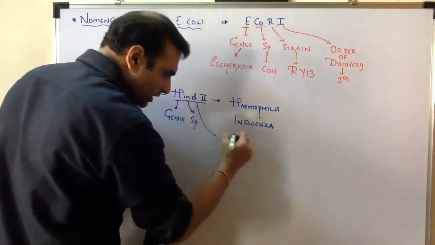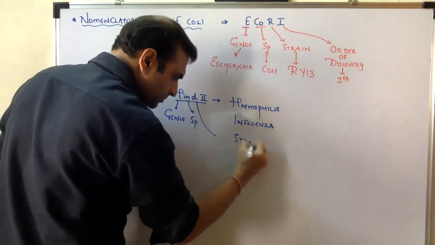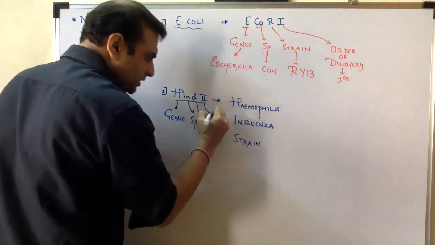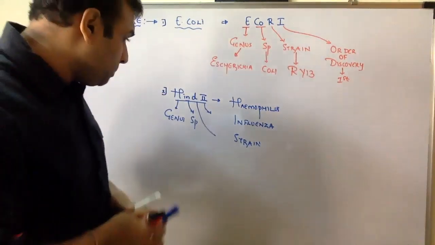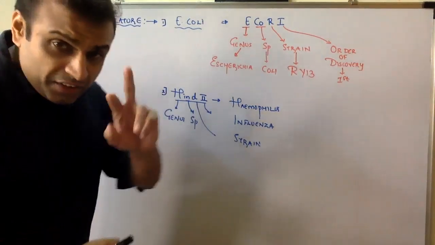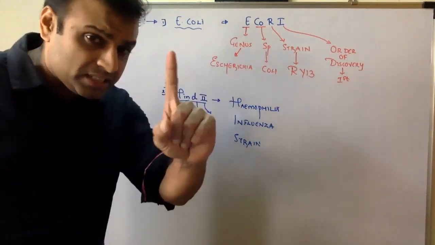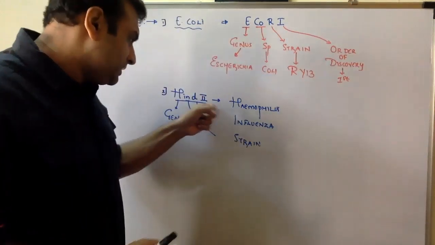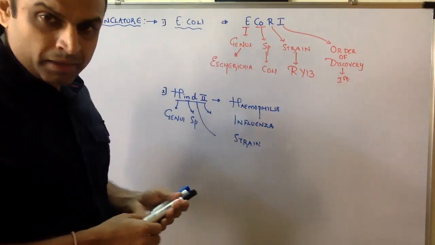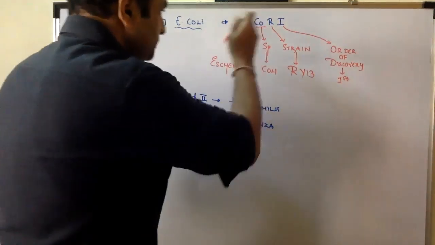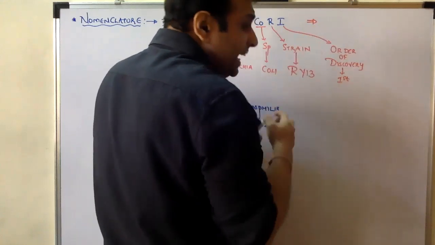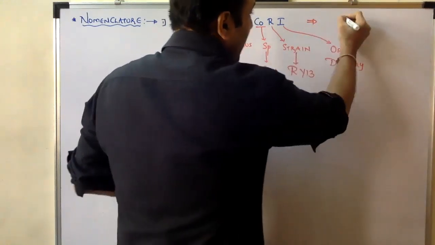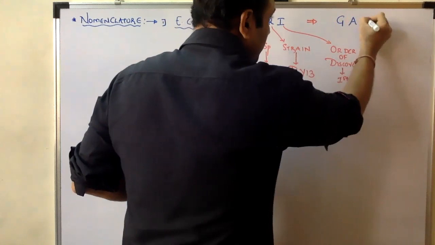D is nothing but the strain, and II is the order of discovery. So this was the second enzyme obtained from Haemophilus. If you recollect, I told you the first enzyme was methylation enzyme, and the second enzyme was this. Okay, and remember, EcoRI will cut the DNA only if the DNA has a sequence of GAATTC.